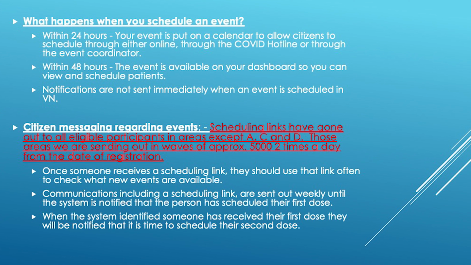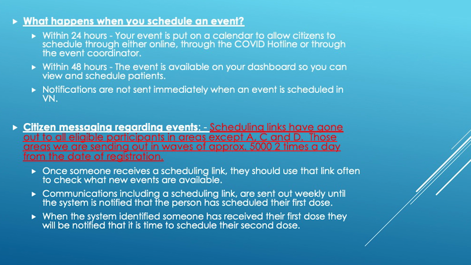What happens when you schedule an event? And Susan, please pipe up if I've missed anything, okay? Within 24 hours, your event will be put on a calendar. Major Miller and Susan both are working through those. They just double check it to make sure that your timing's not off, or that you didn't accidentally put down that you're giving out 6,000 vaccinations when you really meant 600.